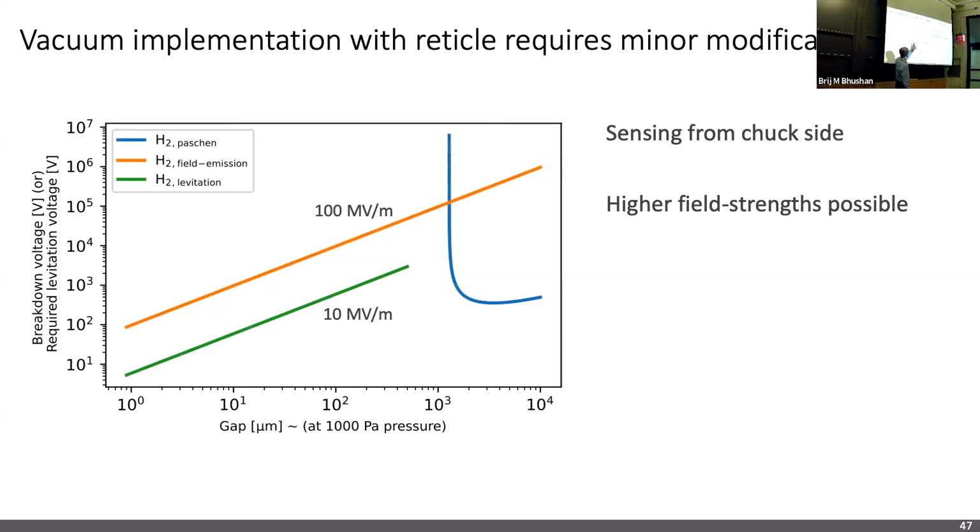So for normal levitation, we would need a field strength of around 10 megavolts per meter, which is well within what is possible, even at 1000 pascals of pressure. As we go to lower pressures, which is what happens in the actual UV machines, this part of the curve shifts further to the right. So this just shows it's feasible to implement this in vacuum. And it only gets better as the vacuum becomes stronger.